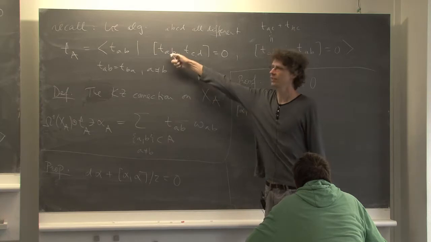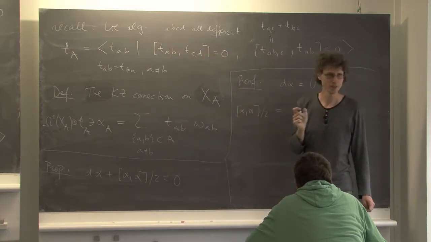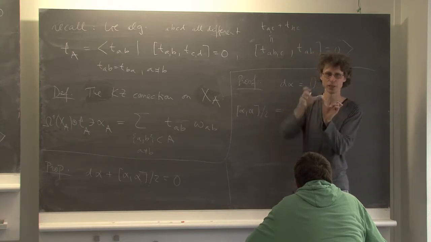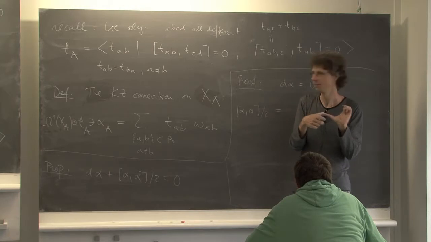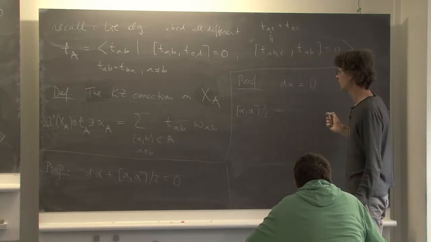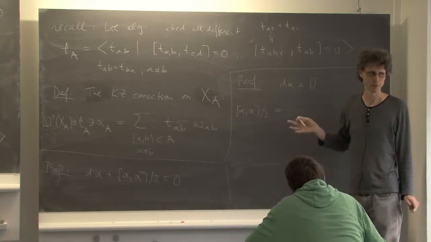But very often, those commutators of those t's are 0. So things will just vanish, except for those pairs that share a common A or B or something.